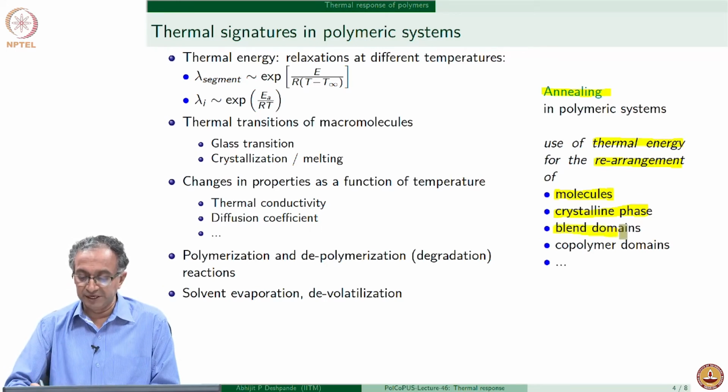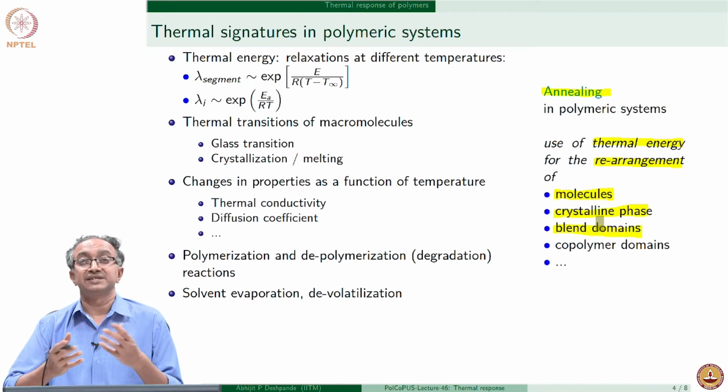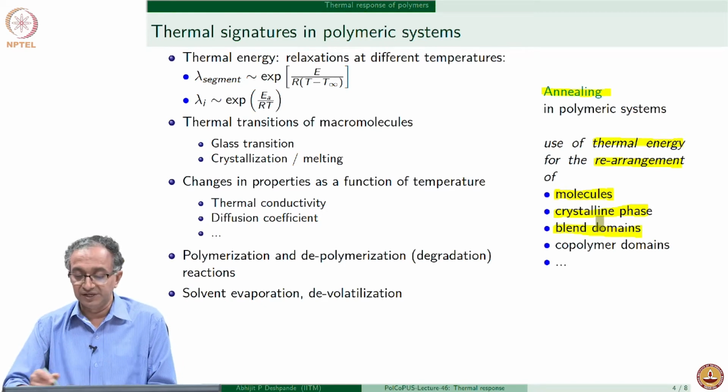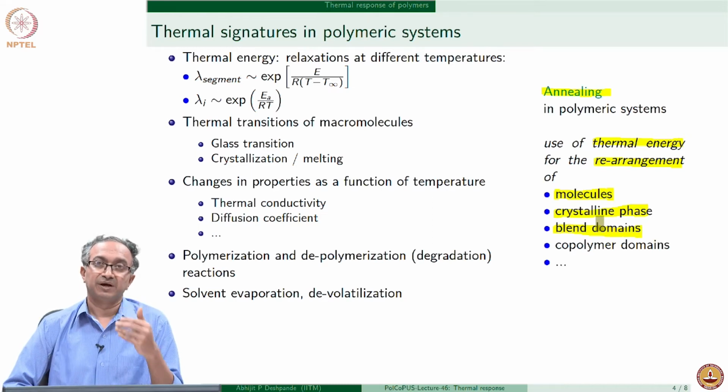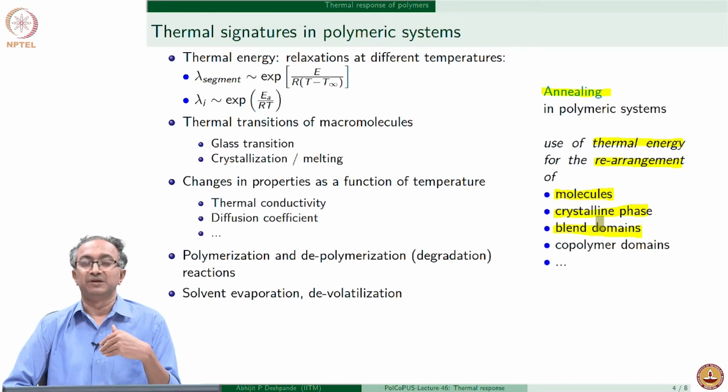If there are blend domains, the blend domain sizes can change due to annealing. So, in each of these cases, annealing implies that we make segmental motions or macromolecular relaxations possible, so that some of these rearrangements can take place.